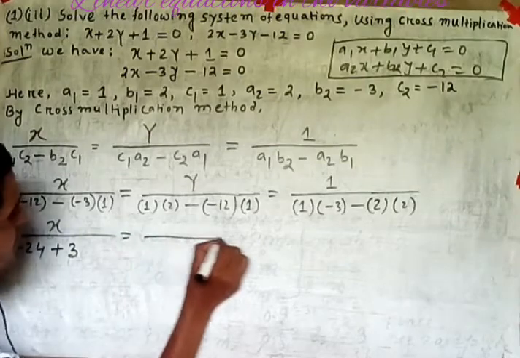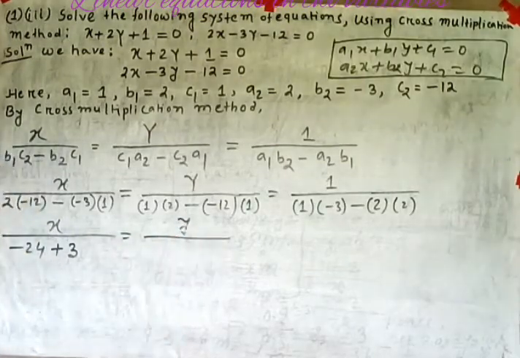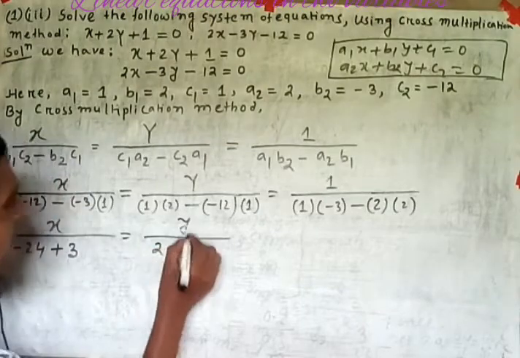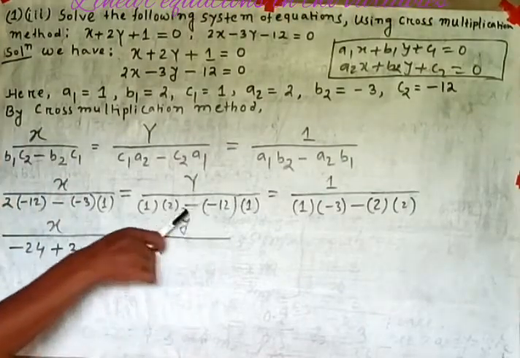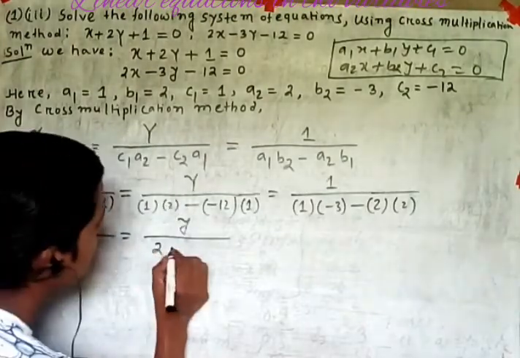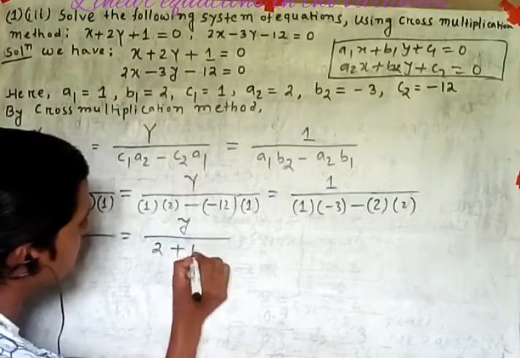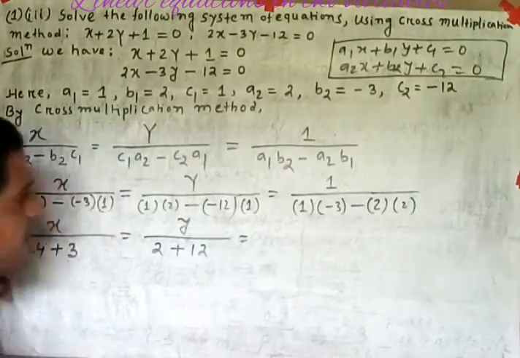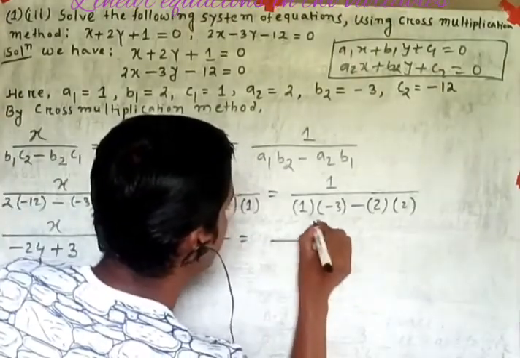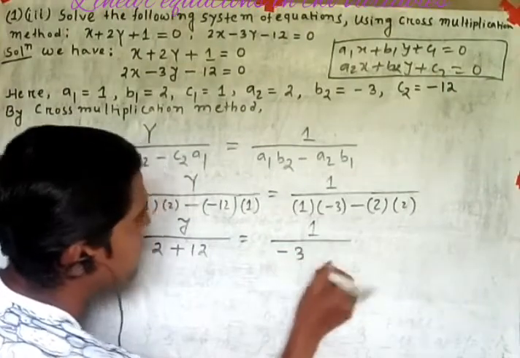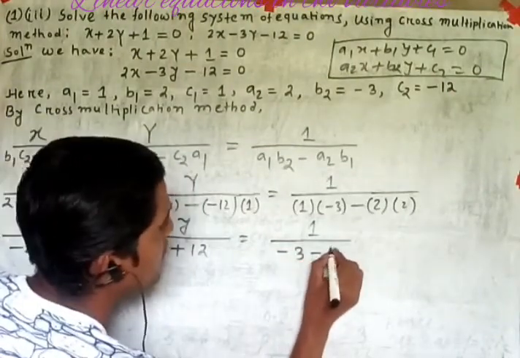This is equal to y, then 1 into 2 is 2, minus of minus 12 is plus 12, into 1 is 12. This is equal to 1, then 1 into minus 3, minus 2 into 2, which is 4.